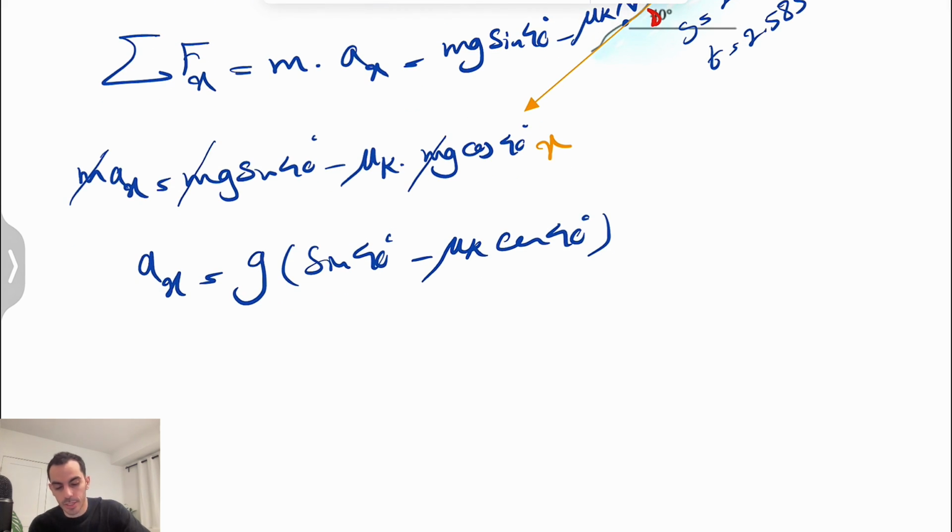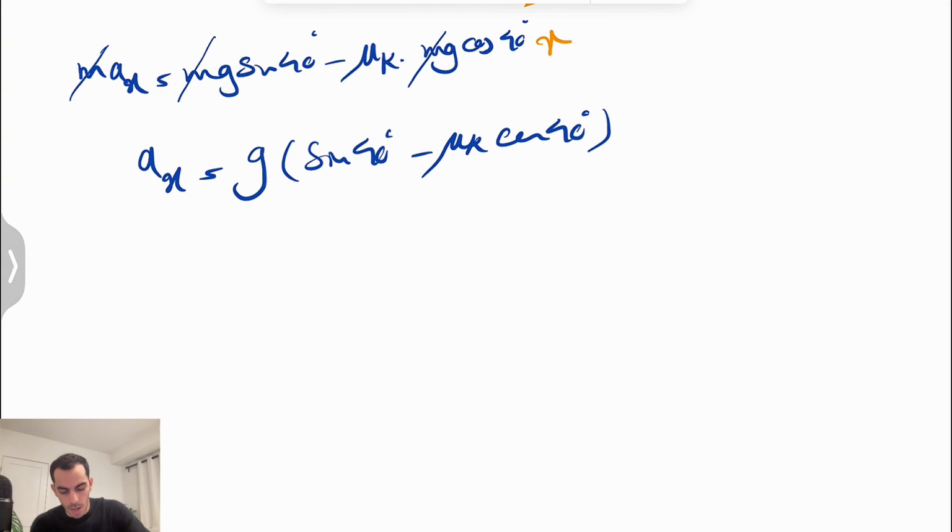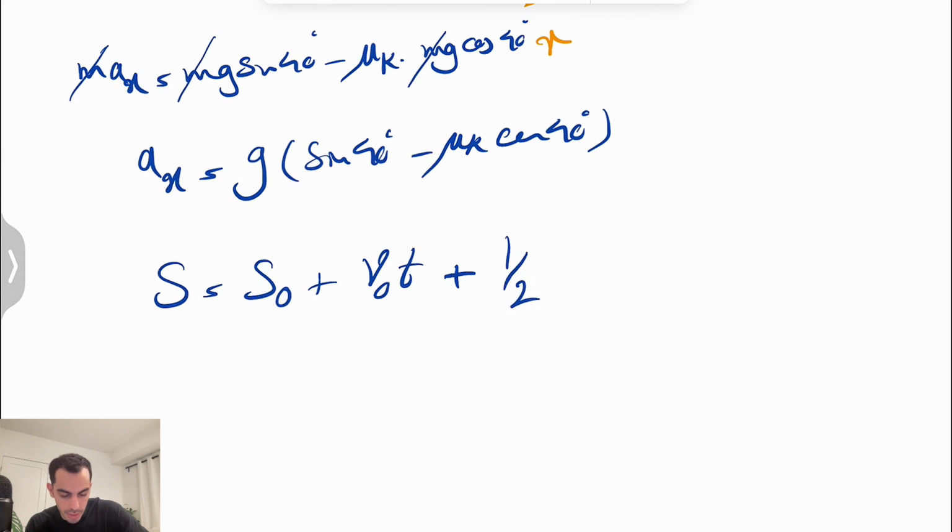And since we consider that the acceleration is constant, the formula we have is s equals s0 plus initial velocity times t plus half of ax t squared.